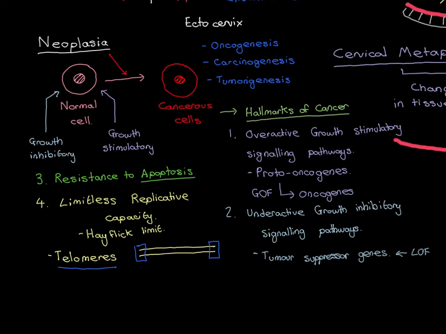Now, when a cell divides, the telomeres shorten. In the two progeny cells, the telomeres on all of the chromosomes will be a little bit shorter. So here is a cell dividing into two daughter cells, and now all of the telomeres on the ends of all of the chromosomes in these two daughter cells will be one shorter than they were in the original cell.